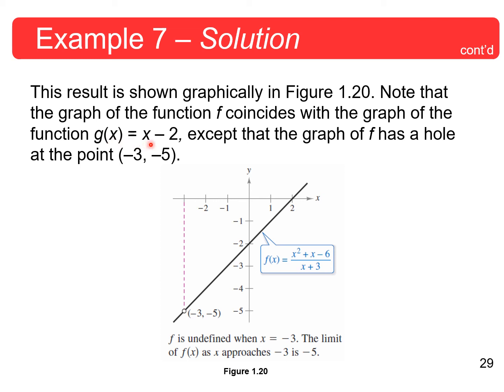Well, this expression here has a graph of a line that is continuous everywhere. So these two are equivalent at all points except at x equals -3. You can verify your result by looking at the graph here. You see that the function approaches -5 as x approaches -3.